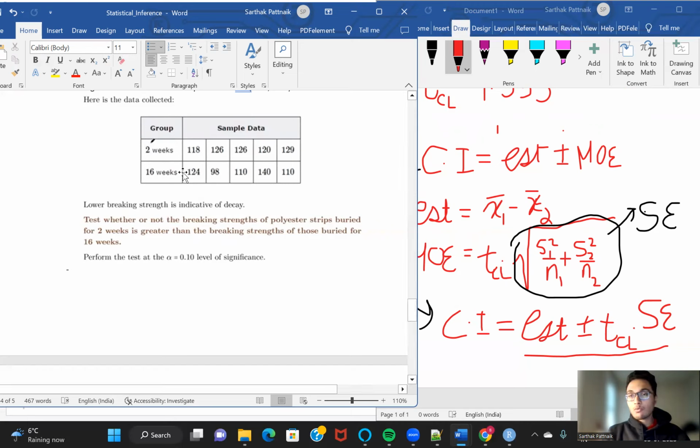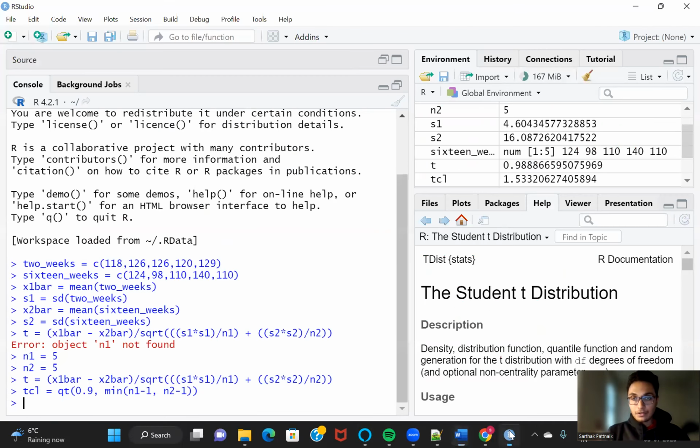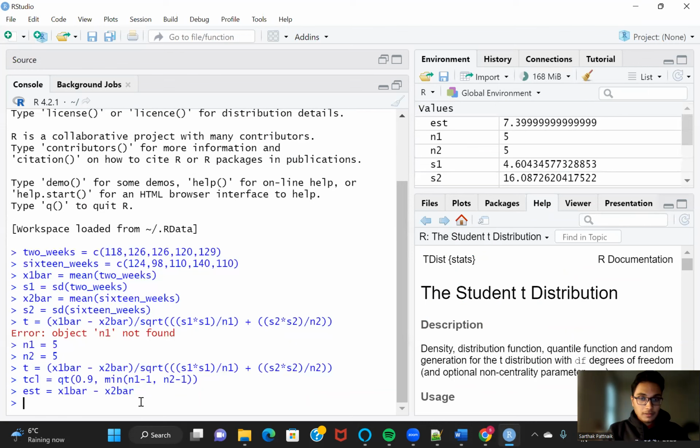Now, using what we have already, let's calculate the confidence interval. Going back to R, I'll calculate my estimate, x1 bar minus x2 bar. I got my estimate.